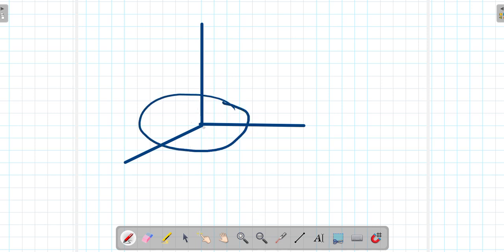So now, from this disk, if you remember the coordinate system, this is phi. Let's say this disk has a radius of r.